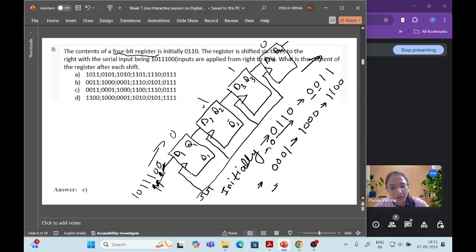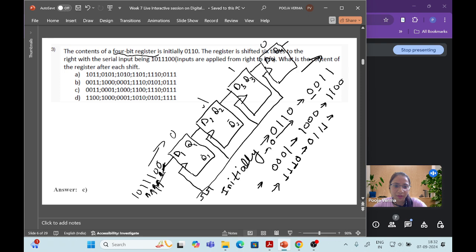Now again apply the next clock pulse, so the content will shift again. This bit will come into this flip-flop and all other content will shift by one bit. So 1 1 1 0. Now again apply the next clock pulse, then again it will shift by one bit: 0 1 1 1.